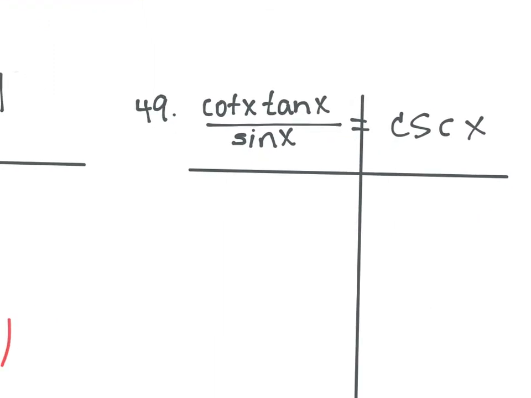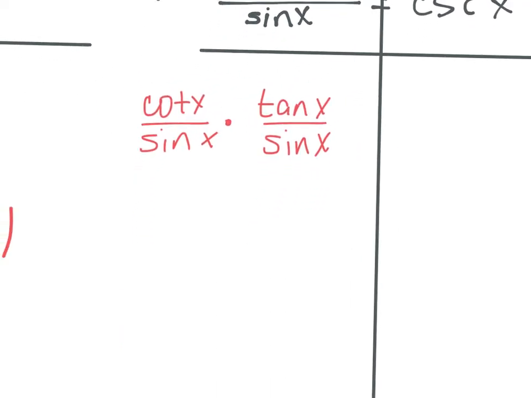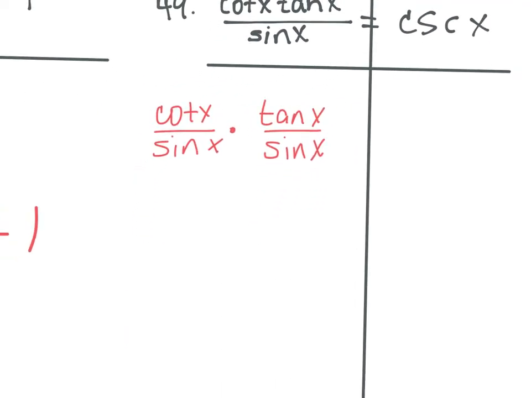Now, you can separate this into two fractions if you want to. You could write this as cotangent x over sine x times tangent x over sine x. You could leave sine x by itself, and you could just convert cotangent and tangent on top. That's what I did on the answer sheet, but I'm going to do this a little different way so you guys can see a little different view of it.